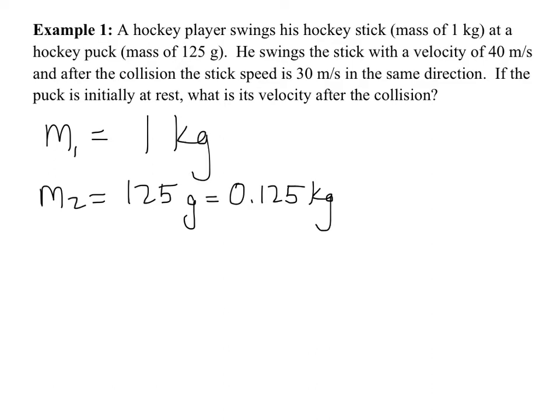The hockey puck? 0. So I'm calling that V2I. Subscripts are huge in these problems. 1 and 2 stand for object 1 and object 2. I and F stand for before, meaning initial, and after, meaning final, the interaction that's occurring.